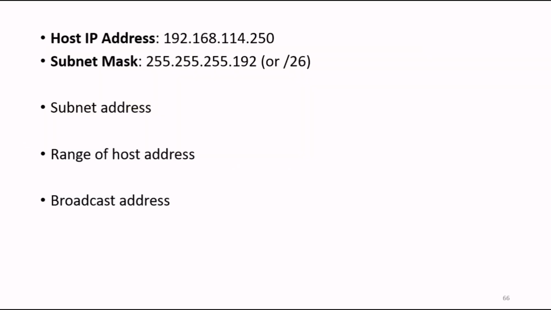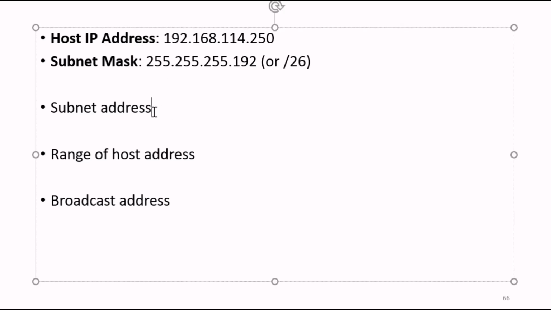In order to find the subnet address, you need to use an AND operation between the IP address and the subnet mask. The easiest way is to convert it to binary bits. But here I'll just write it down, because 255 means all of this is 1.